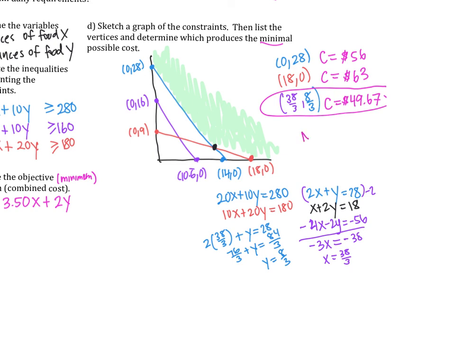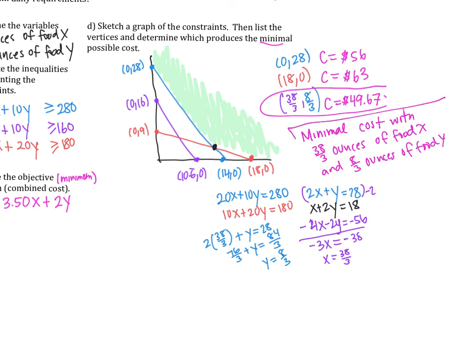Minimal cost with 38 over 3 ounces of food X and 8 over 3 ounces of food Y. It didn't ask me how much, but if it asked me, I would say $49.67.